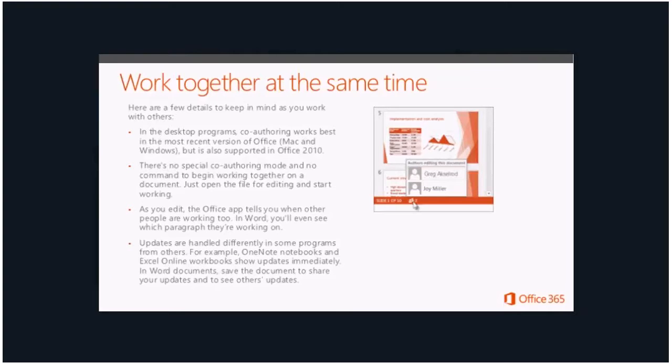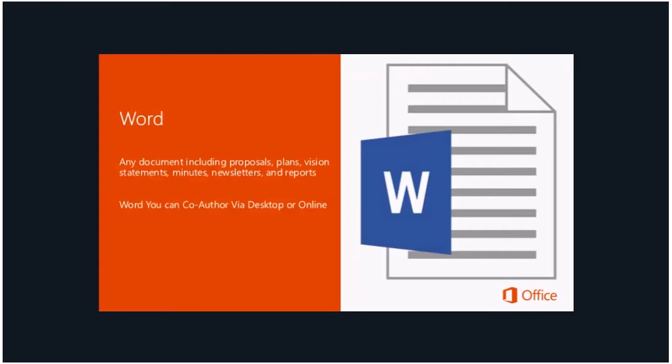For example, with OneNote and Excel, when you've got them online, the updates happen immediately. But with Word and PowerPoint, the updates are shown when synchronization happens. So we can author this content together, but they're going to work slightly differently.